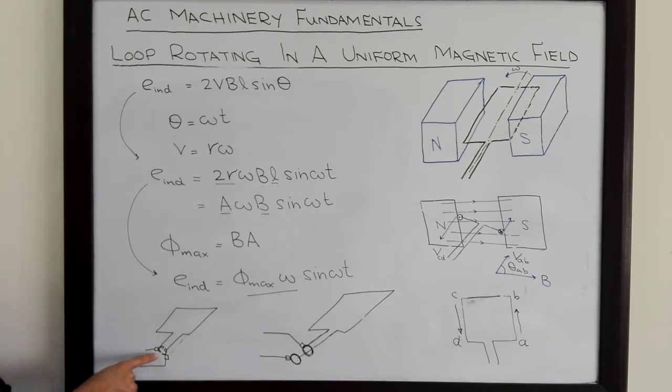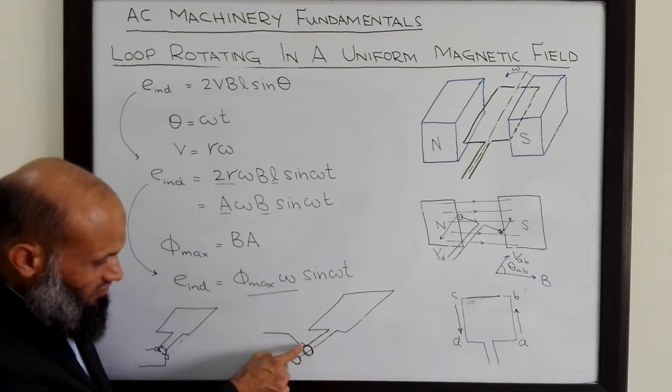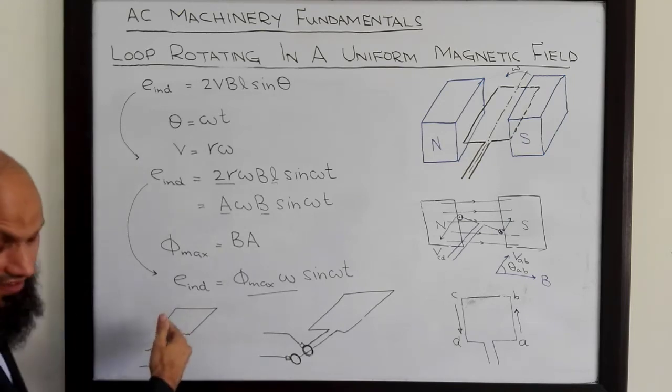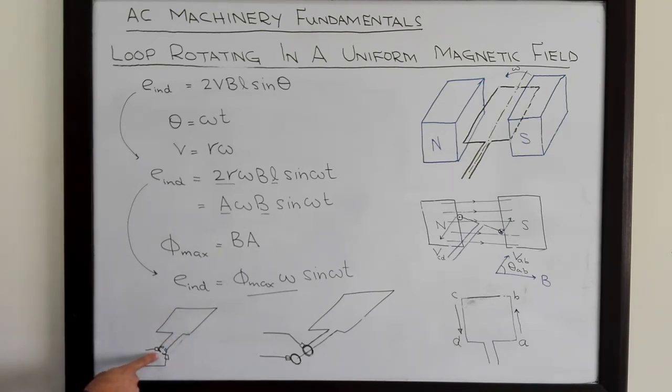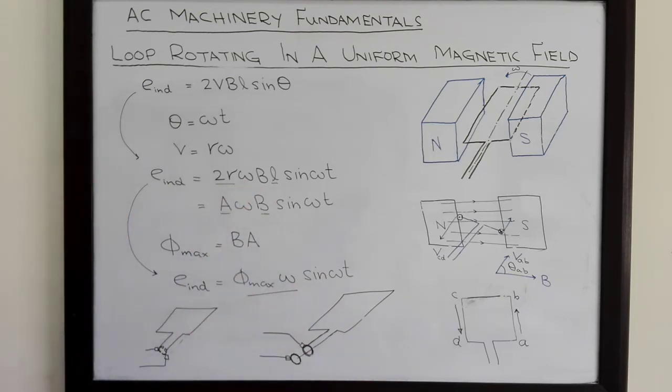At a certain time instant, this side of the loop, that is this slip ring, was connected to this brush. At the next time instant, this segment of the slip ring will come in contact with this brush. Over here, the same slip rings remain in contact with the same brush always. There, the objective was to get a unidirectional voltage signal out of this loop. Here, we want to have a bidirectional voltage signal out of this loop.